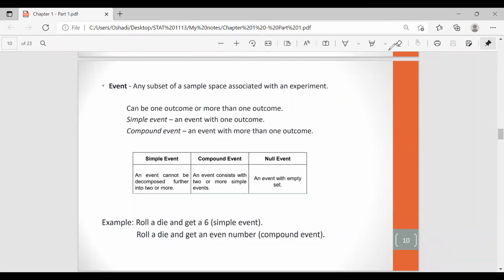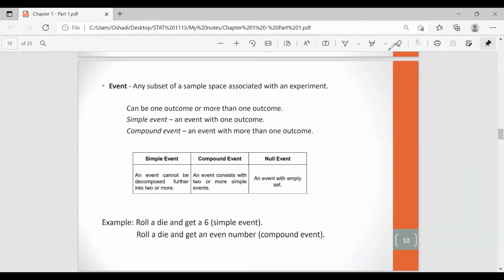So it's called a null event, an event with an empty set, right? So when we're rolling a die and get a 6, only one outcome, so it's called a simple event. It's a subset of the sample space, and there is only one outcome in that event.